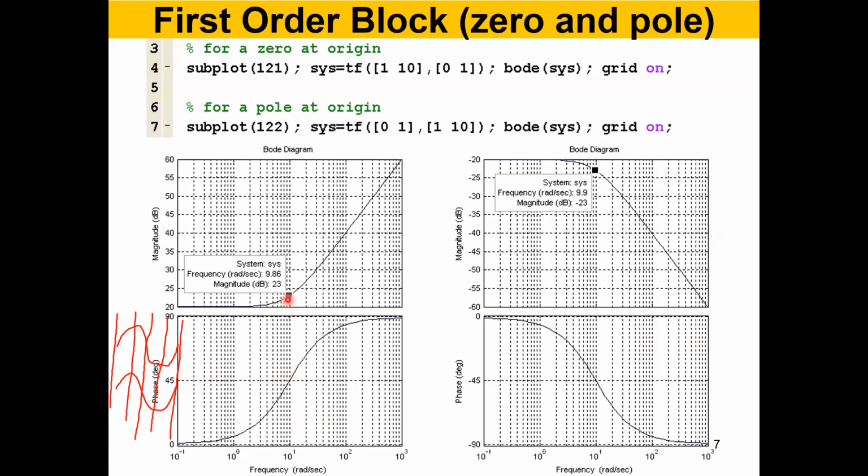And for that one, gain is 23 dB. So this phase and gain for various frequencies change, but it changes with some relation to the pole or 0.